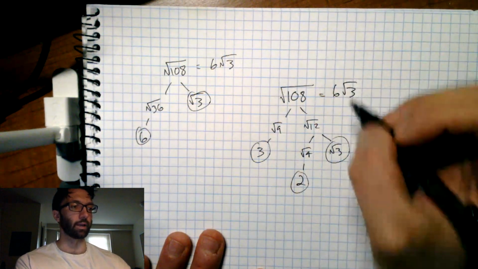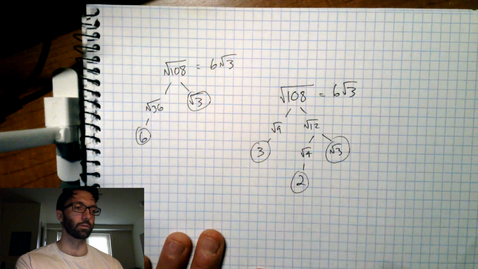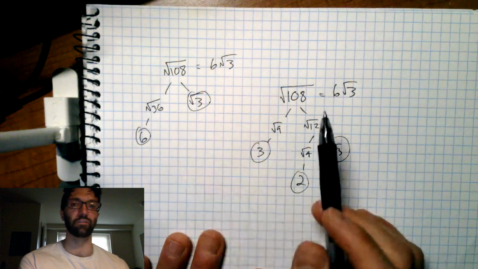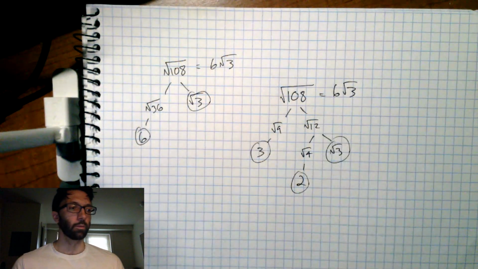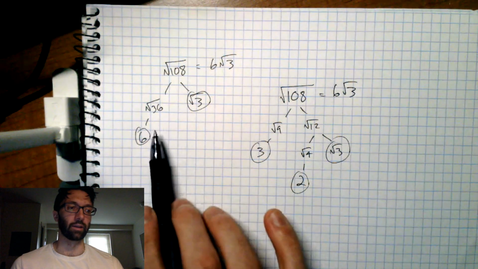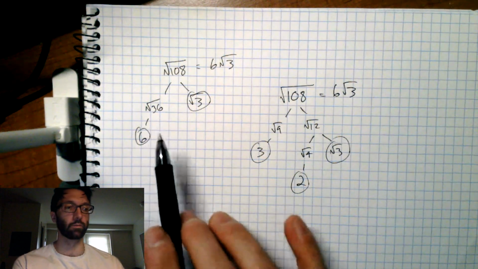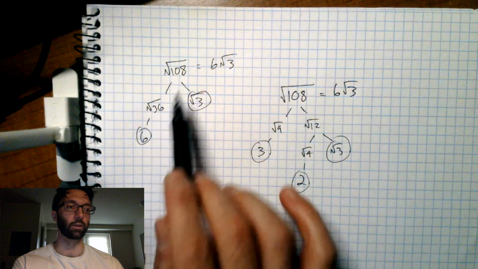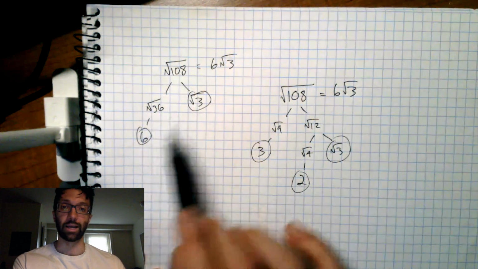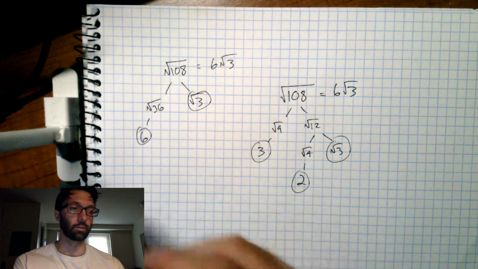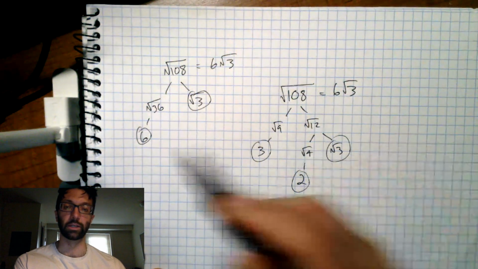And you'll see that I get the same answer both ways. So it doesn't matter which way you factor it. But it is worth noting that this was way shorter, right? Finding the largest perfect square that goes into 108 turned out to give me the lesser amount of branches here.